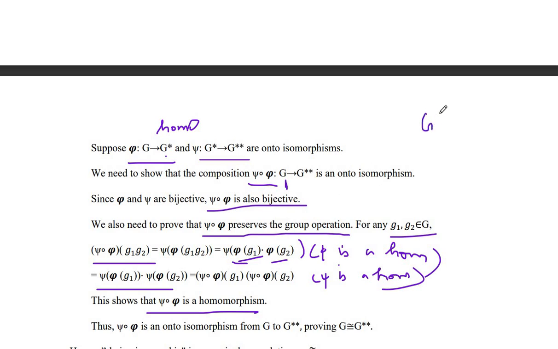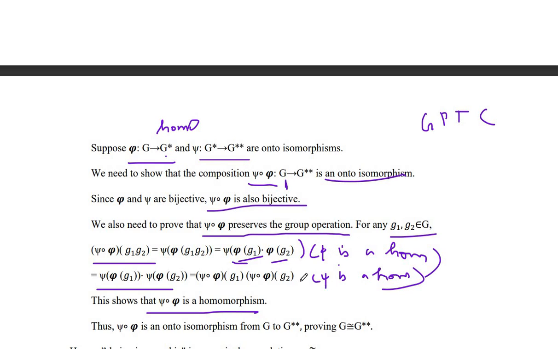So again, for this part, what is known to us is this. This is what is given. And what is to be proved is that psi composition phi is an onto isomorphism. The technique involved is that we have phi and psi, the known assumption that is used here.